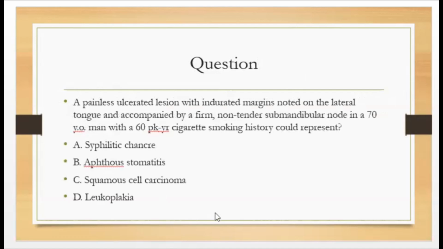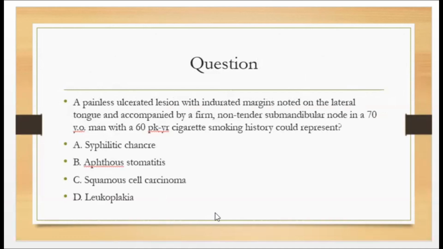Let's look at another question. A painless ulcerated lesion with indurated margins noted on the lateral tongue. If you don't think well, you might not get this answer. Painless, that is the buzzword.